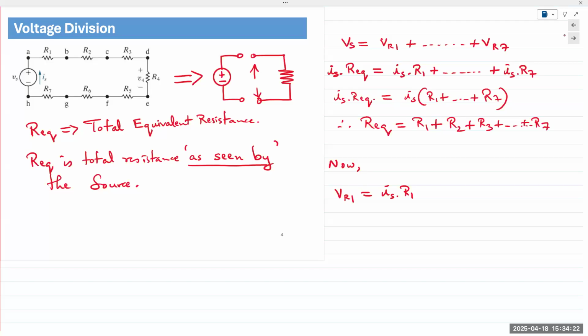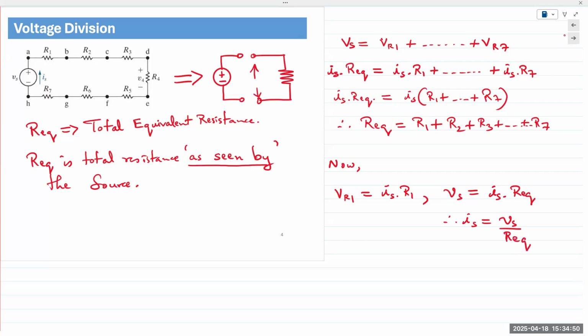We can write total voltage VS is IS times Req. Therefore, IS is VS divided by Req.